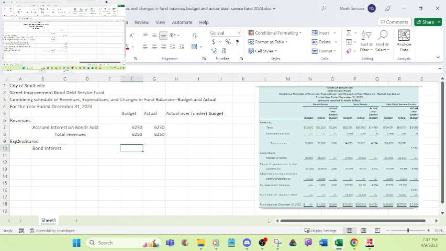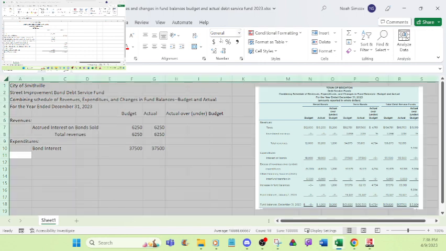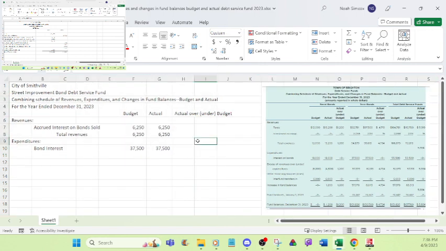Bond interest, 37,500. There was no difference at all between the budgeted amounts.